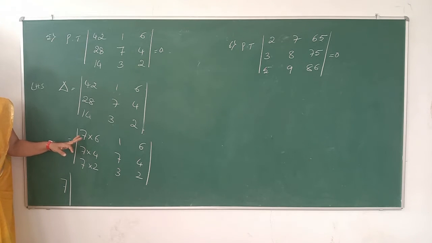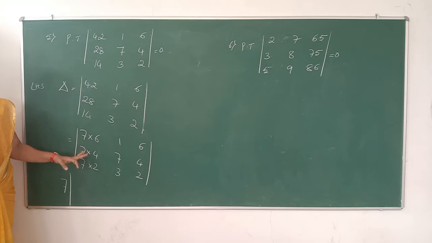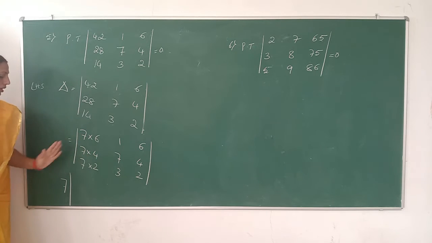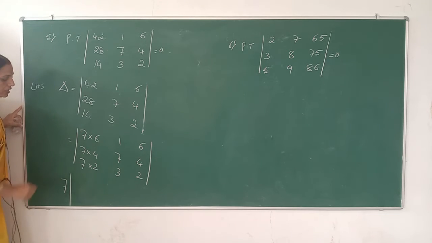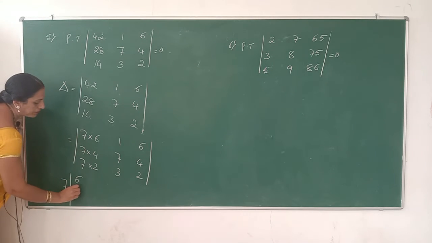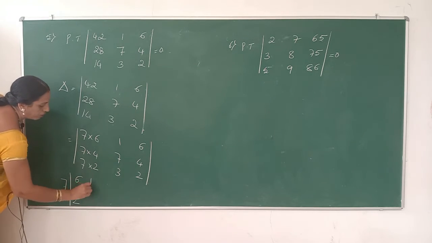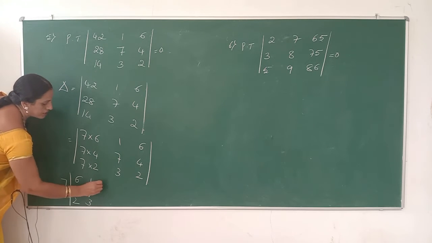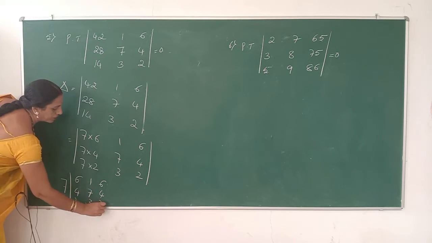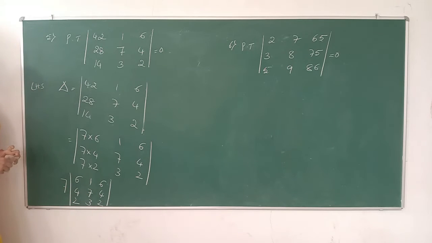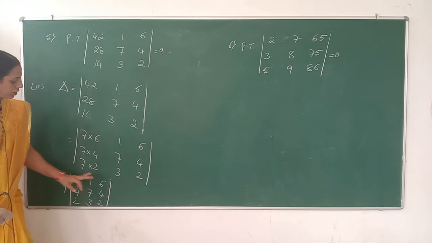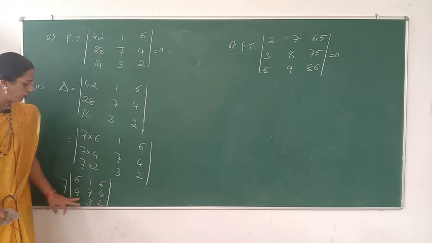If all the elements of any row or any column are a multiple of some scalar number k, then the whole determinant is a multiple of k. Therefore 7 is a common factor. Remaining elements are 6, 4, 2, 1, 7, 3, 6, 4, 2. Then we observe the elements of the first and third columns: 6, 6, 4, 4, 2, 2.